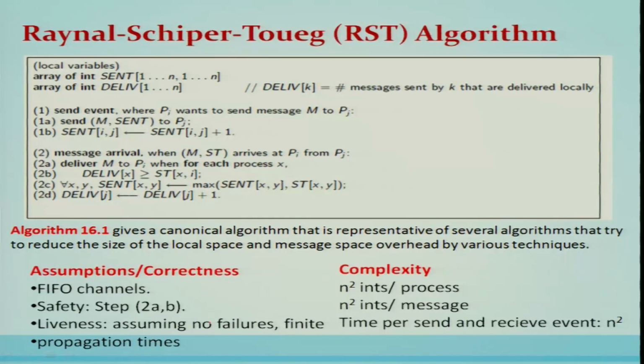So let us see this particular algorithm which ensures the delivery. This algorithm assumes FIFO channels, and there are two properties, safety and liveness. The safety property is ensured here in 2A, that is, deliver message M which is received at Pi, where this particular condition ensures that all previously sent messages are delivered before this message is delivered, otherwise it will be stored in the buffer itself.